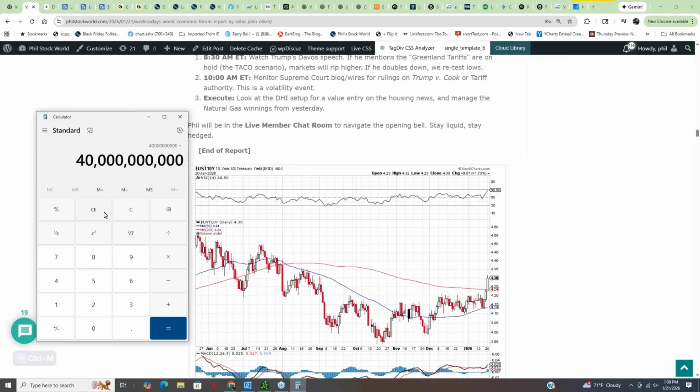No, something's wrong. How did that not work? Thousands, million, billion, trillion. Did I do that wrong before? Times 0.01, $400 billion. See, I knew it was a bigger number than that. Okay, so 40 trillion. That is our national debt.